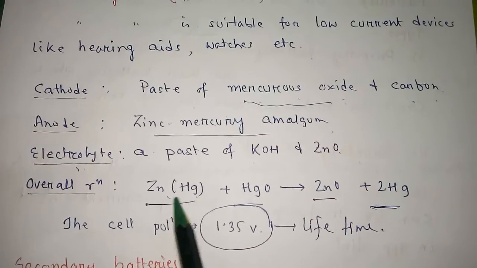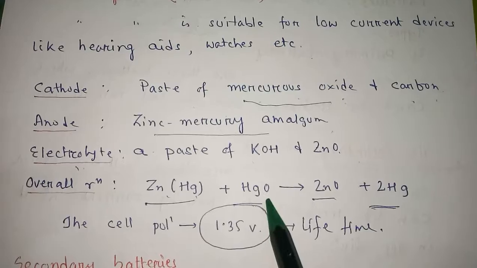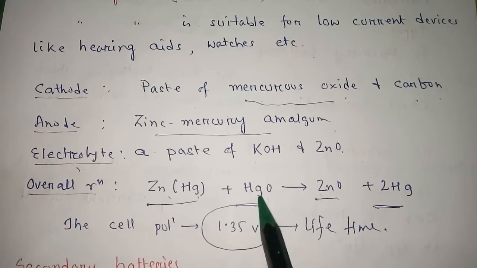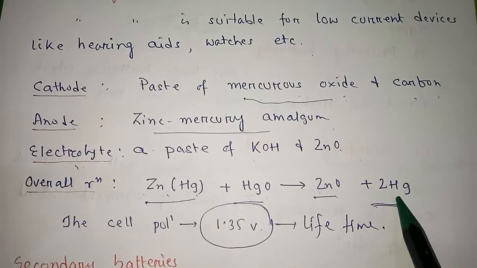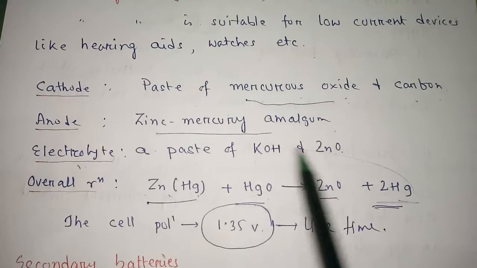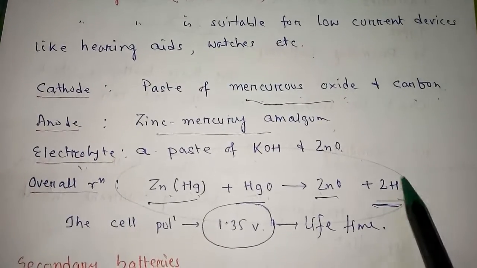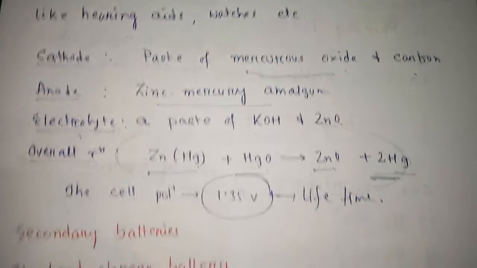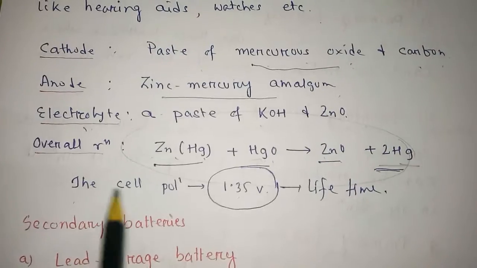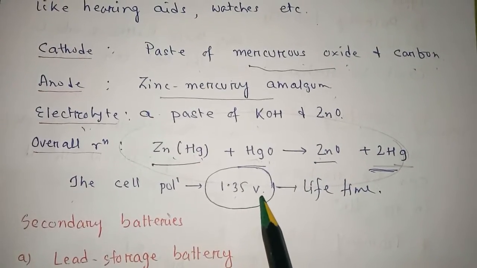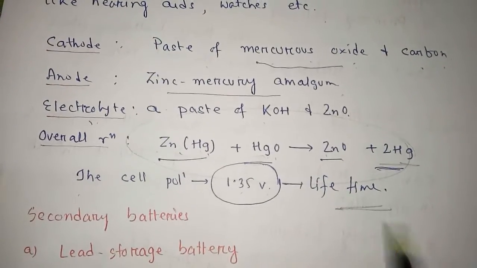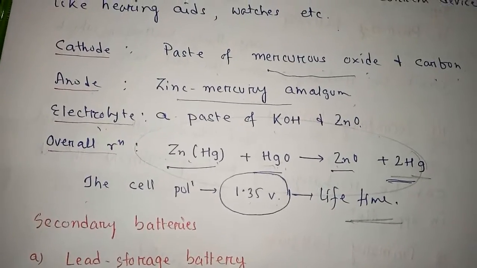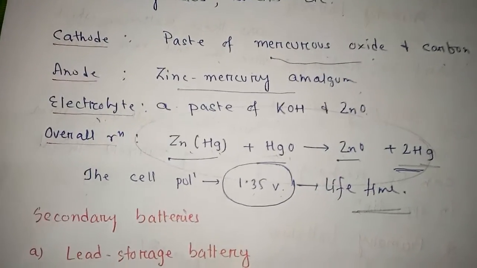Overall reaction: zinc-mercury amalgam reacts with mercuric oxide, zinc oxide is formed, and mercury is obtained. In this reaction no ions are involved, so their concentration does not decrease and the cell potential remains 1.35 volt throughout its lifetime. So this is what we have for the primary cell.